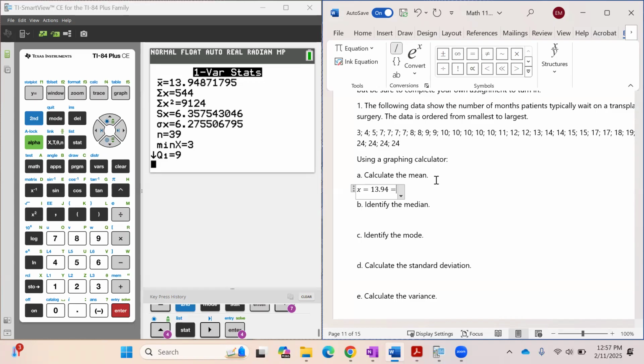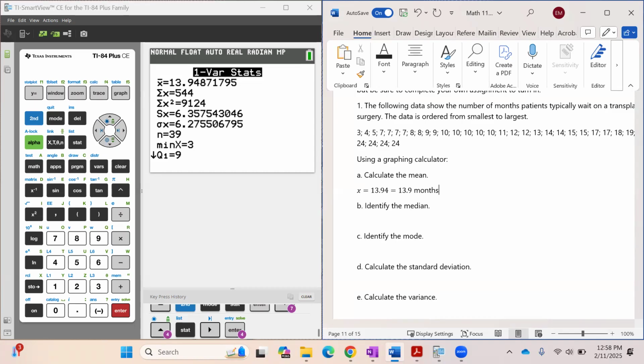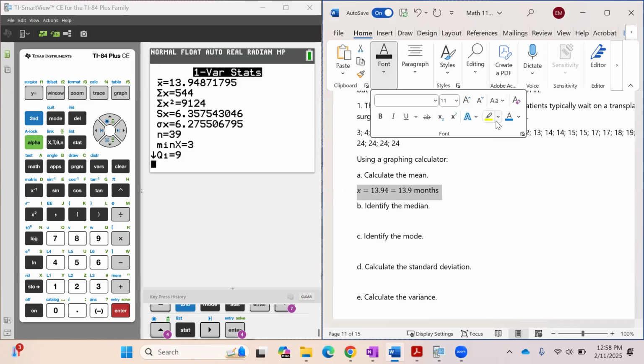And since a 4 is next to this 9, it's not going to round up that 9 at all. So what we'll have here is 13.9, and it would be months. And that would be the mean.